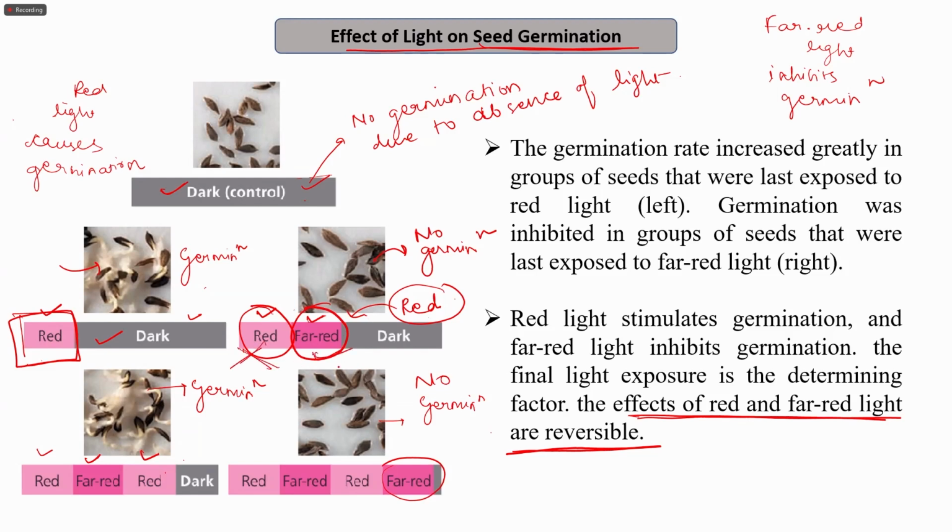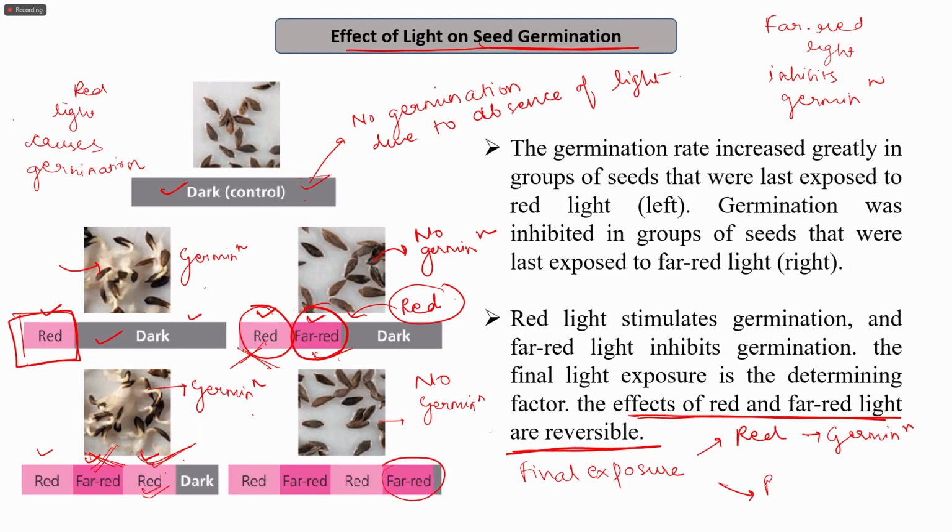And if this far red exposed plant is again exposed to red light, then the plant again shows germination. That is, the exposure to far red light is nullified by the final exposure to red light. So it is always the final exposure on which the result of germination depends. If the final exposure in the diagram is red light, then it causes germination, because the effects of red and far red light are reversible.